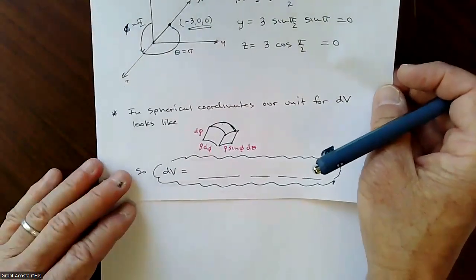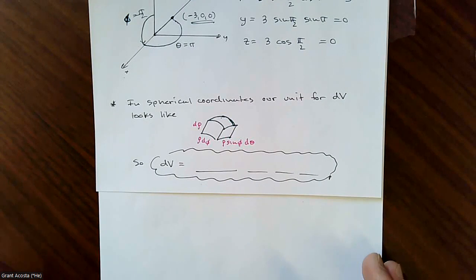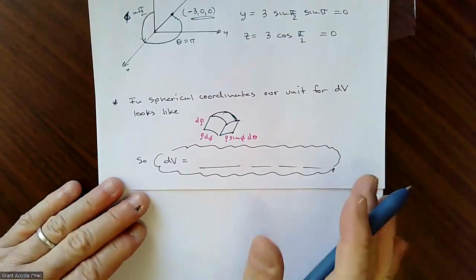Finally, before we jump into an integral here, remember we talked about in cylindrical coordinates, our unit for dv was r dz dr d theta. And in spherical, it's a little bit worse.